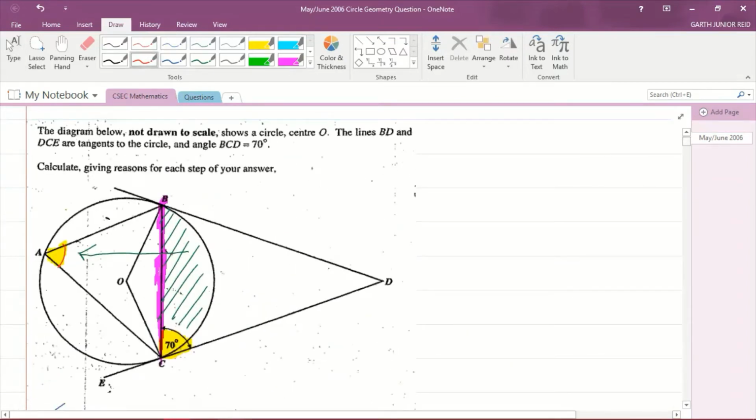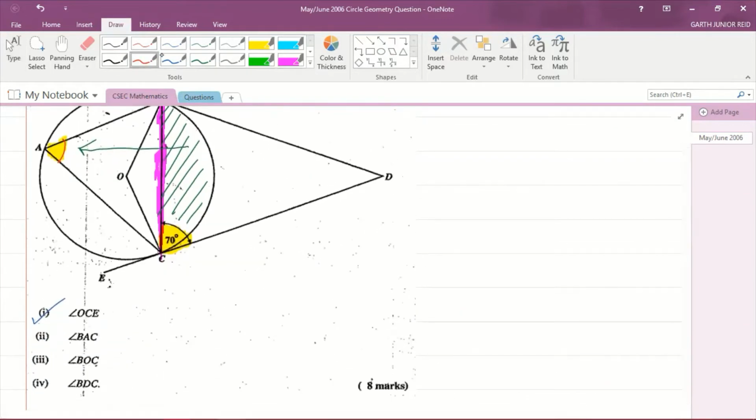The area which I shaded in green there is the segment which the 70 degrees is in, and we have to find the alternate or opposite segment. So the angle which is opposite to that segment is this angle here at A. That is our answer for part 2, so I can now tick off part 2. We're finished with that.